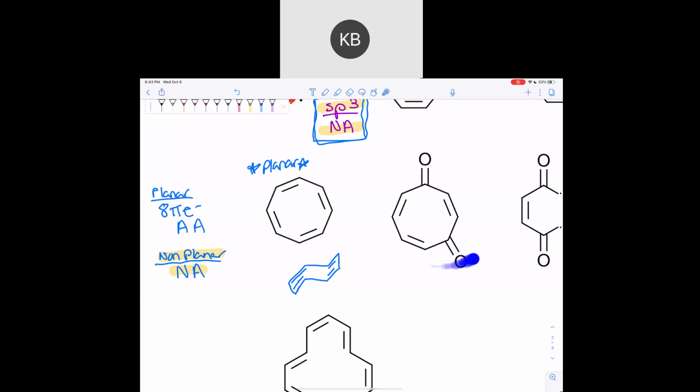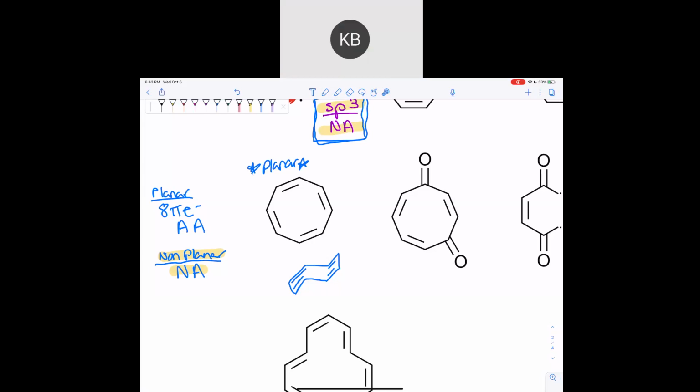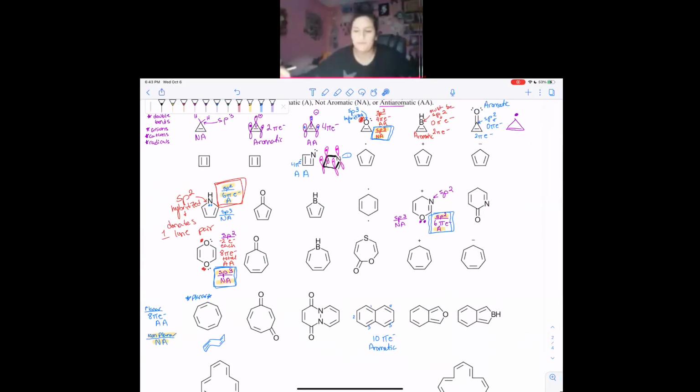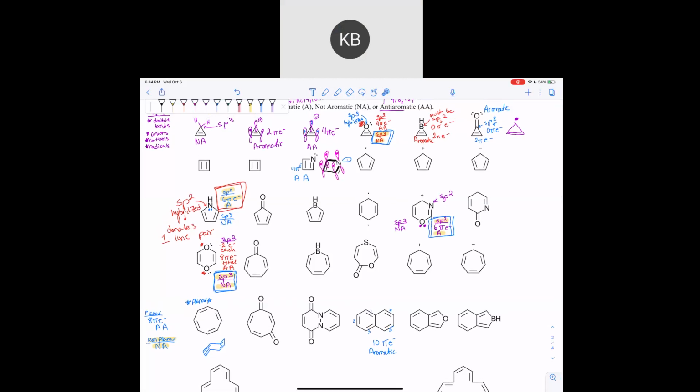But okay, so let's do another 8-membered ring. But now it has these groups. So what can we compare this to that we said earlier? If you don't remember, that's okay. I'll give you a hint. They are similar to carbocations, because it's sp2.